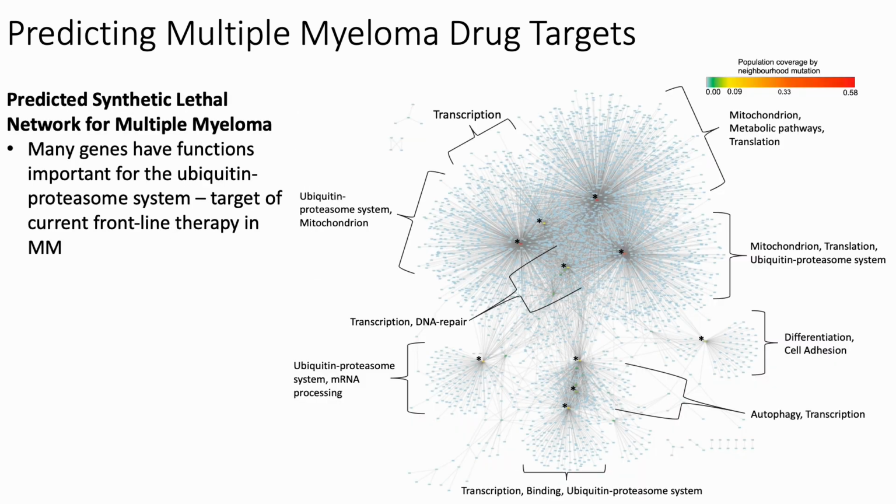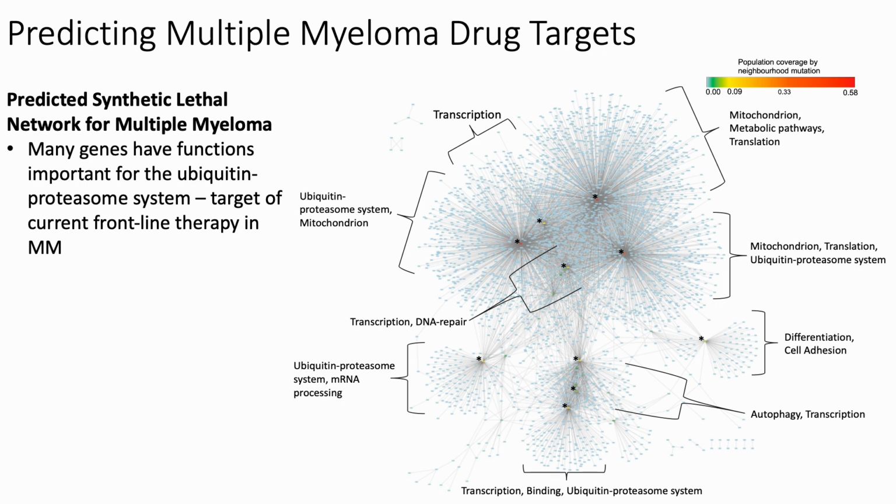This slide shows the visualization of the predicted synthetic lethal network for multiple myeloma. The node colour represents the predicted population coverage assessed by the frequency of mutations in neighbours of the candidate gene. And 10 hub genes were identified, and these are annotated on the network as stars.